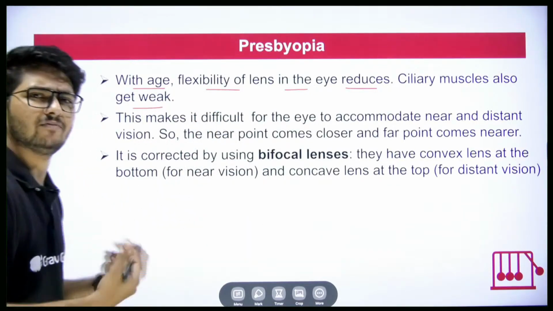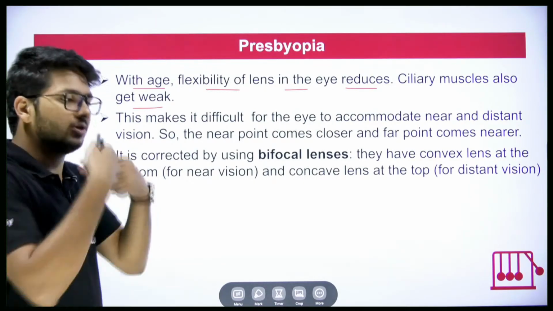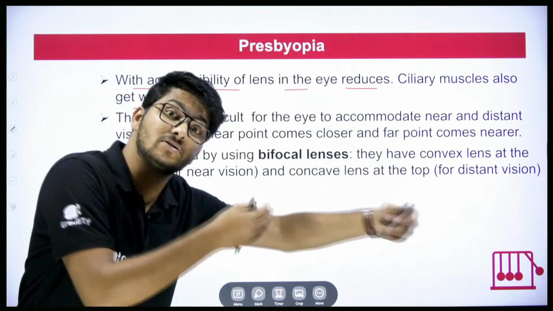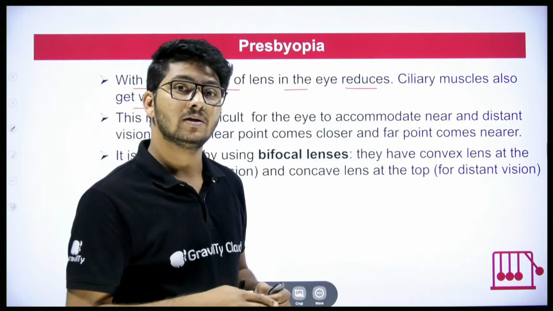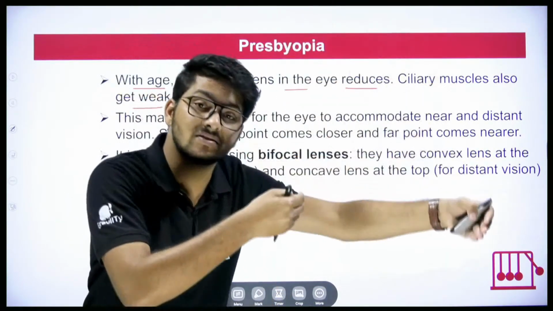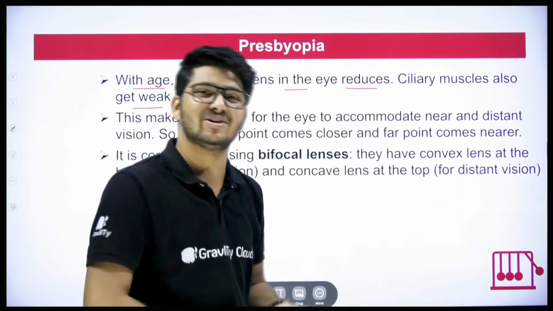This makes it difficult, because you are losing your power of accommodation. It becomes difficult to focus on near and far objects at the same time. That means you will not be able to see near objects as well as far objects. So you have both myopia and hypermetropia.